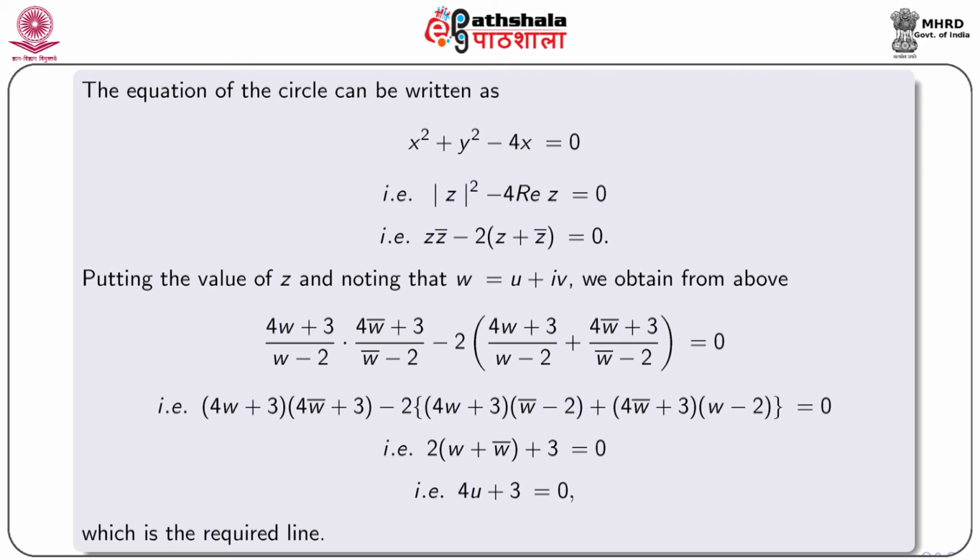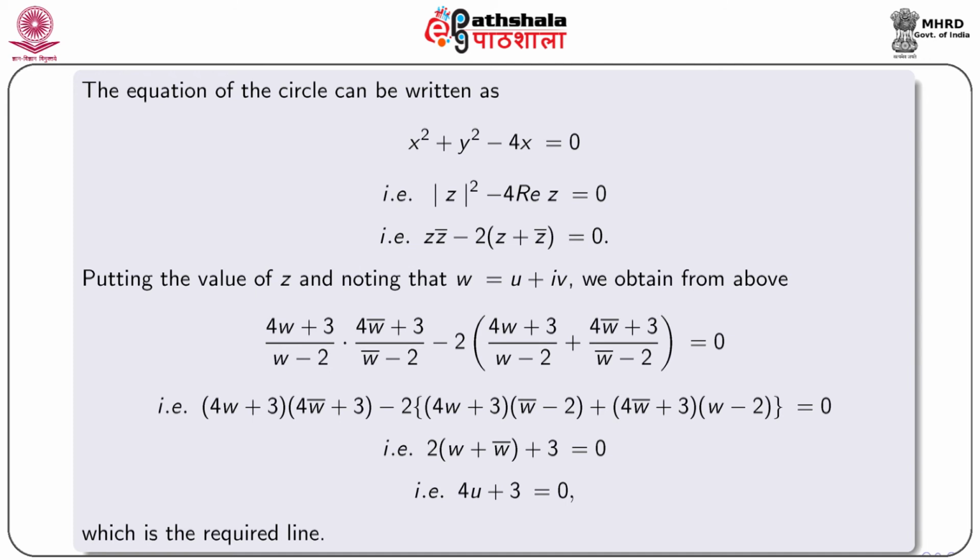So, putting the value of z and noting that W equal to U plus iV, we obtain from above (4W plus 3) by (W minus 2) into (4W bar plus 3) by (W bar minus 2) minus 2 into [(4W plus 3) by (W minus 2) plus (4W bar plus 3) by (W bar minus 2)] equal to 0.